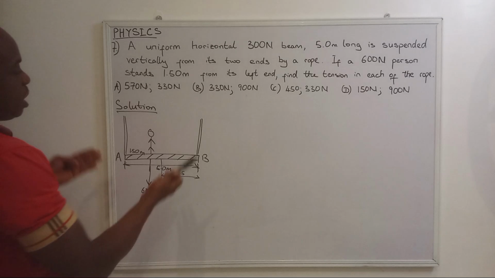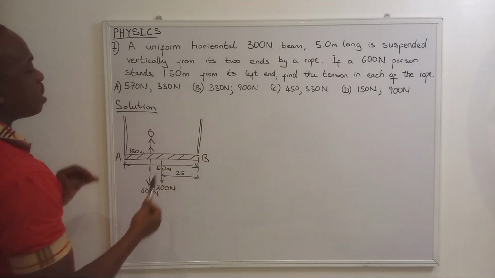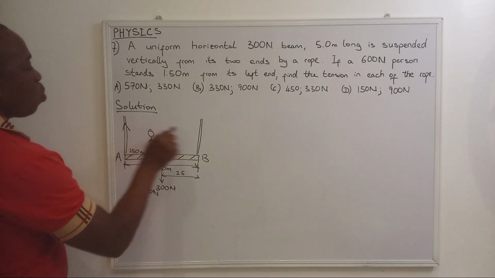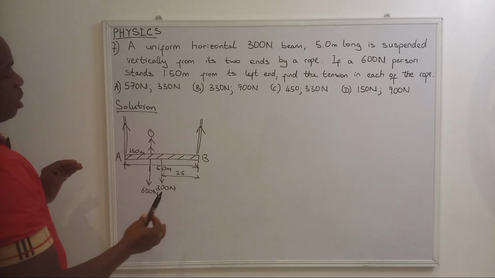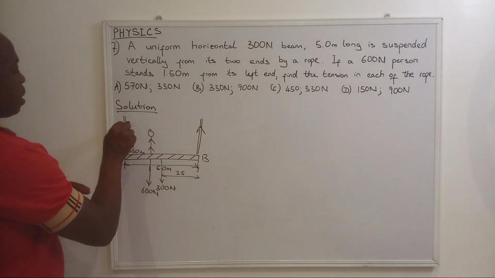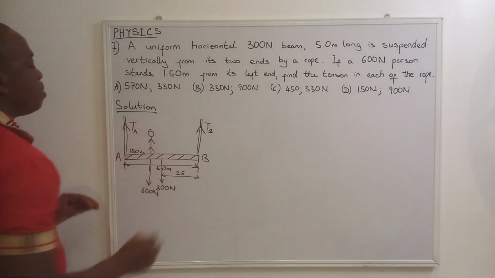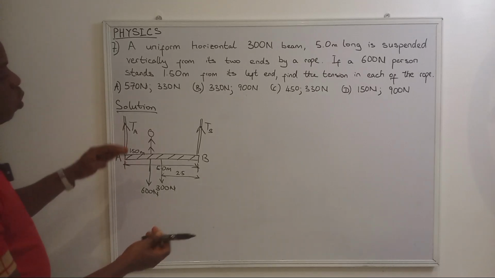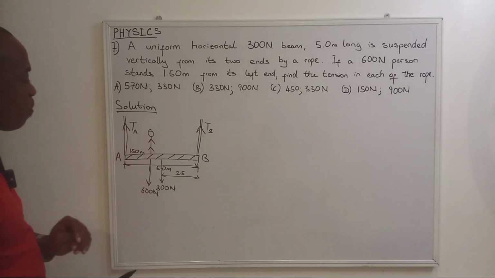So we can assume this free body diagram is in equilibrium. And what equilibrium means is that it's balanced. Let's take the tension on this rope to be TA and the tension on this rope to be TB. If it's in equilibrium, then upward forces will be equal to downward forces.